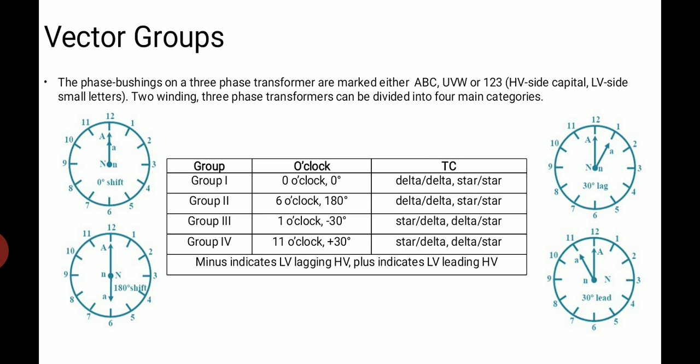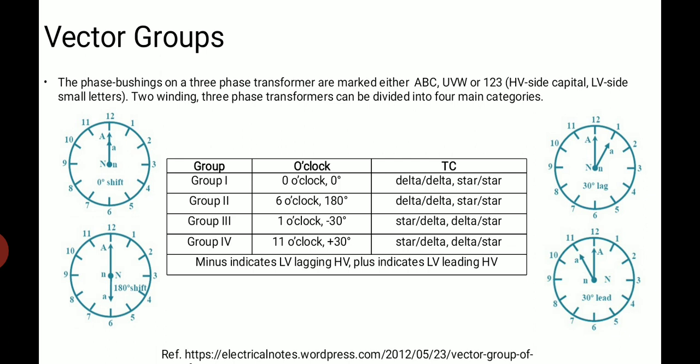I have shown four figures: 0 o'clock or 12 o'clock, 6 o'clock, 1 o'clock and 11 o'clock. As vectors always rotate anti-clockwise, when the clock shows 1 o'clock, there is a 30-degree lag in the secondary voltage with respect to the primary voltage, and if it is 11 o'clock, then it represents 30-degree lead.